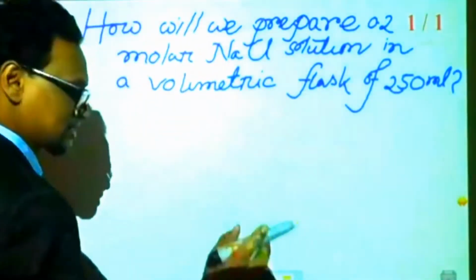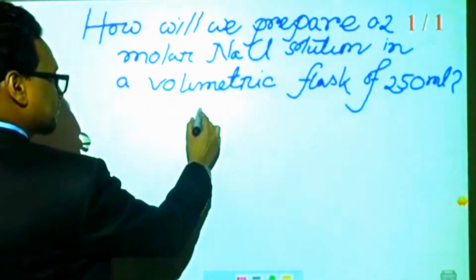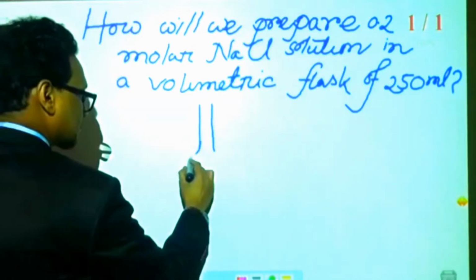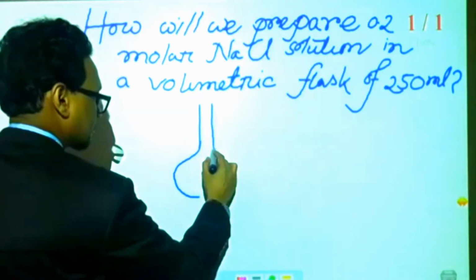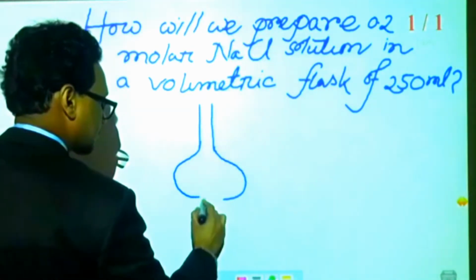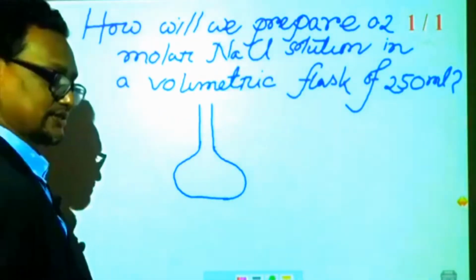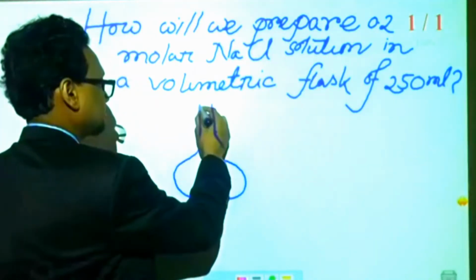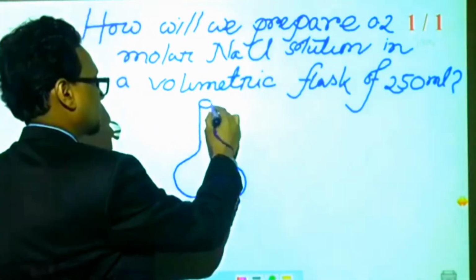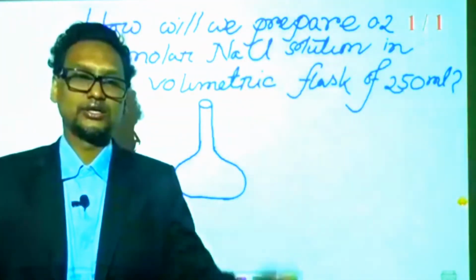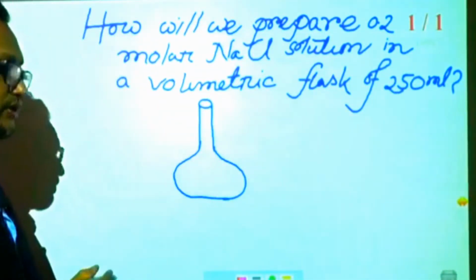What is a volumetric flask? You can see the figure like this. This is a volumetric flask, okay, my dear. This type of volumetric flask you can see in the laboratory.